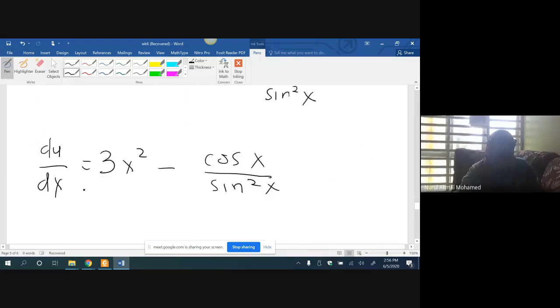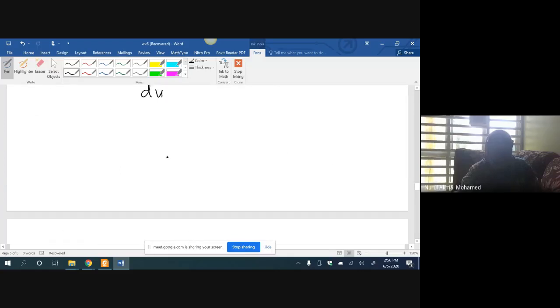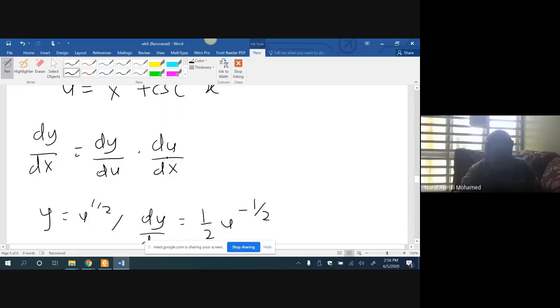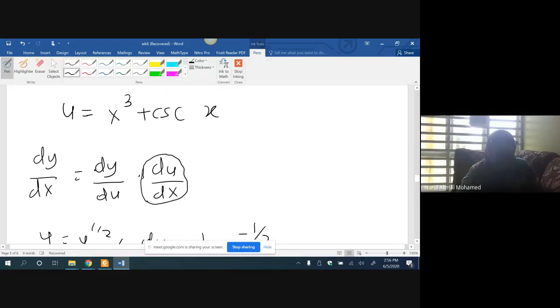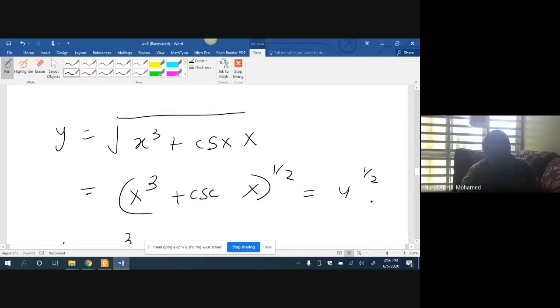Now let's substitute this du dx into this one. You substitute everything that you have obtained before. And what about dy du? dy du is easy. It's from the power rule.